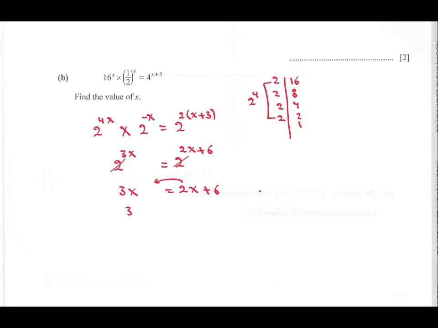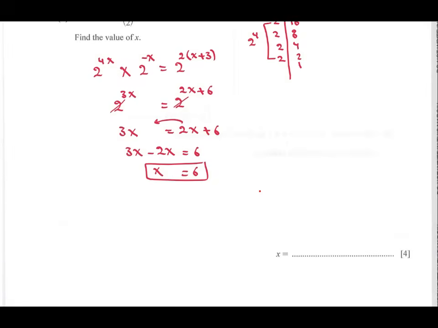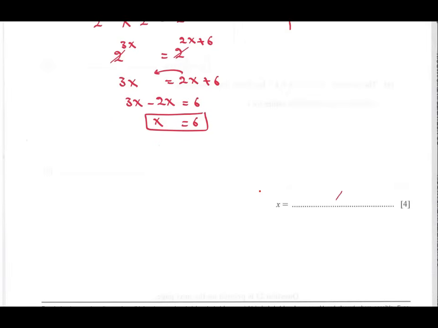So 3x minus 2x is equal to 6, then x equals 6 as the final answer. Then the final answer is 6. And this is the exam. I hope you understand the questions. I hope you will study it well. See you soon. Bye.